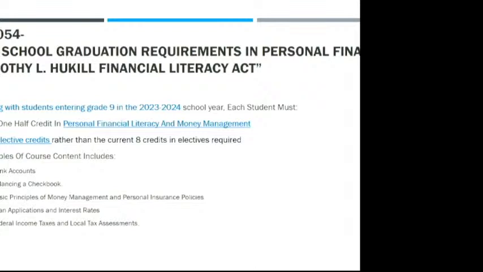Currently, those standards are integrated into economics, and there's some in math. Now they will be a separate course, so students will only take 7.5 electives as opposed to the current 8. And then I just shared some of the topics that must be covered. So I think this is positive for students.